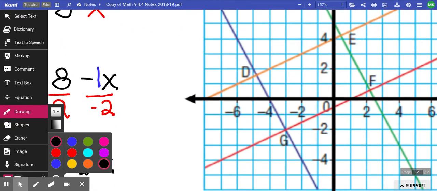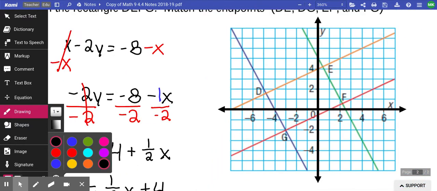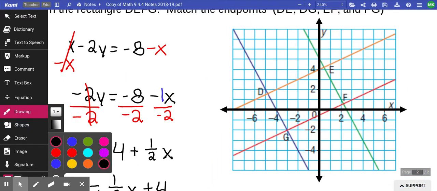We're going to assume the labels are in a bad spot here. We're going to say that, yeah, I agree. Blue is D right here, so this is D. We're going to assume that G is the red one right here.